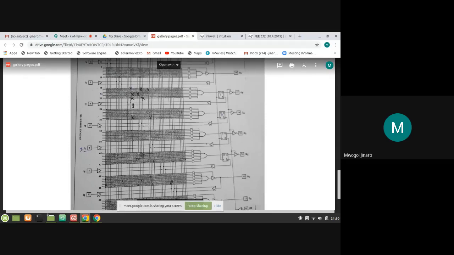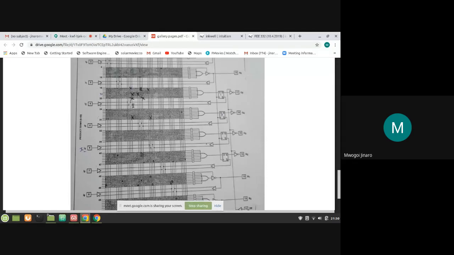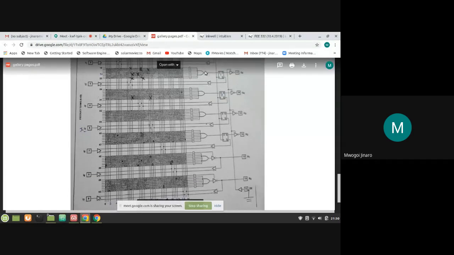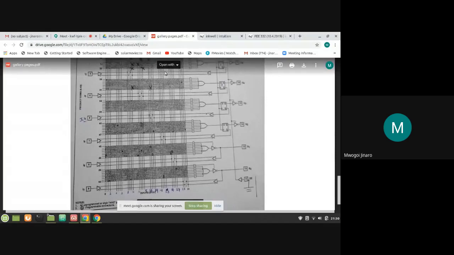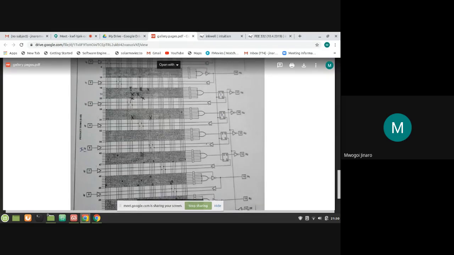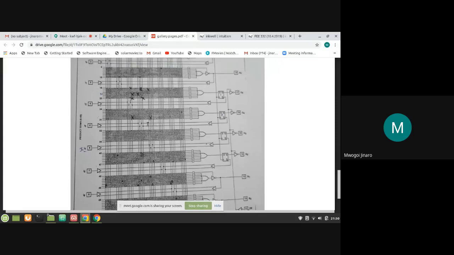So I chose to use line 16 from Q1 bar, which we got as this. The position was 10. So I took 10 and I fused it here. That's for my Q1 bar. For Q naught bar, the position was here.